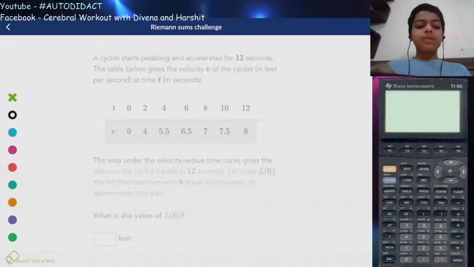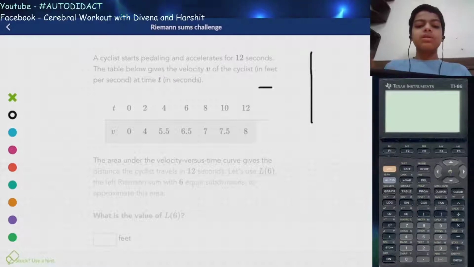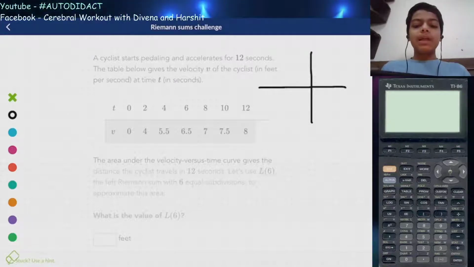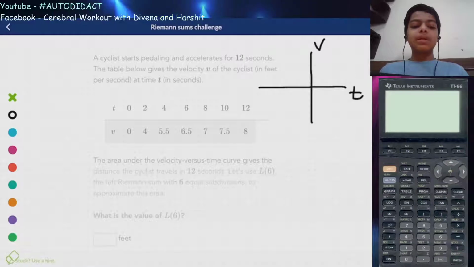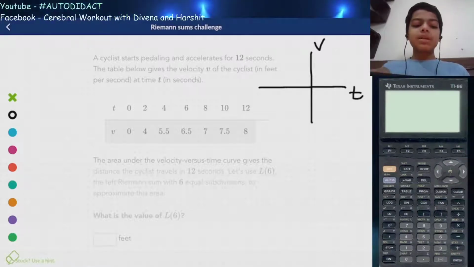So this is a velocity versus time graph. This will be t and this will be v. This will be the velocity and this will be the time in seconds, in feet per second. When time is equal to 0, velocity is also equal to 0. When time is equal to 2, velocity is equal to 4.